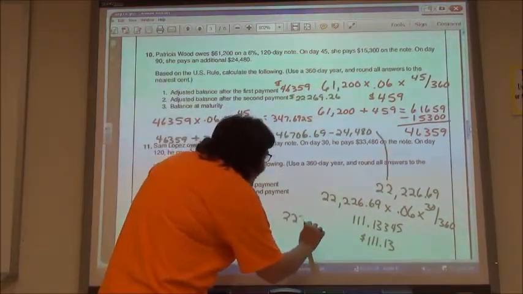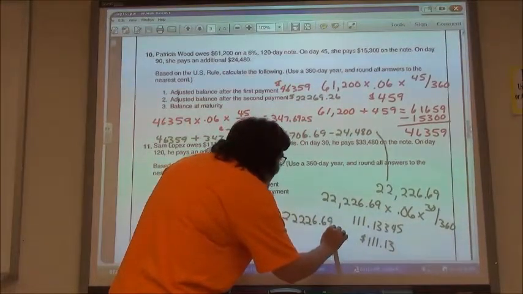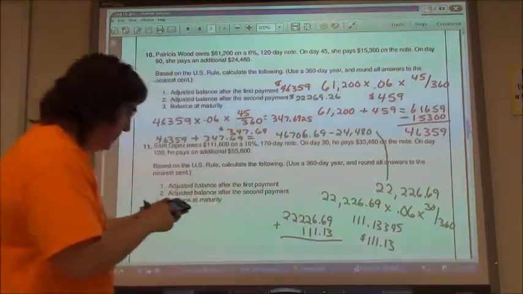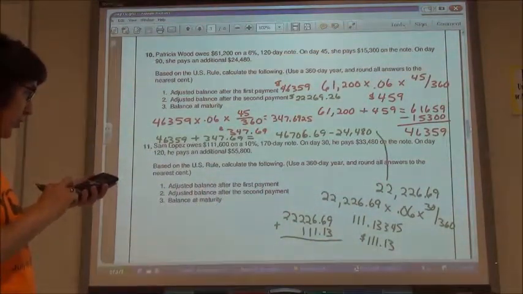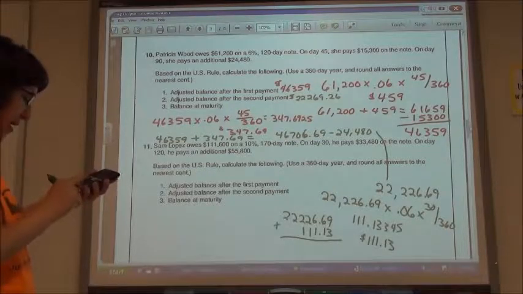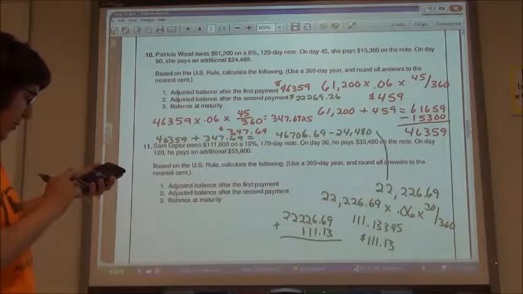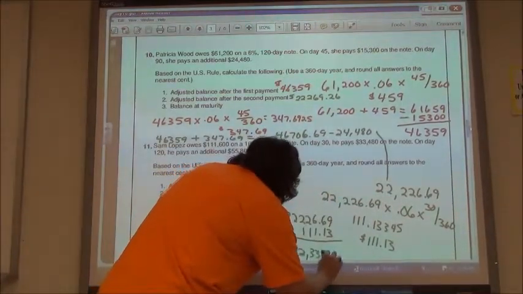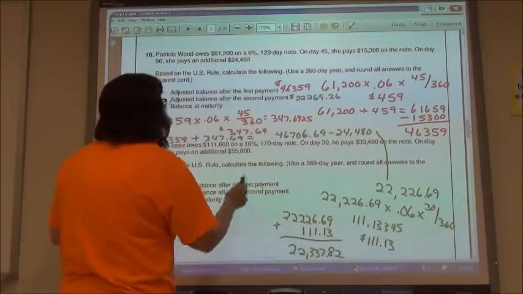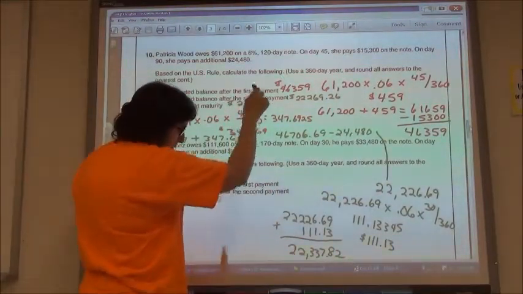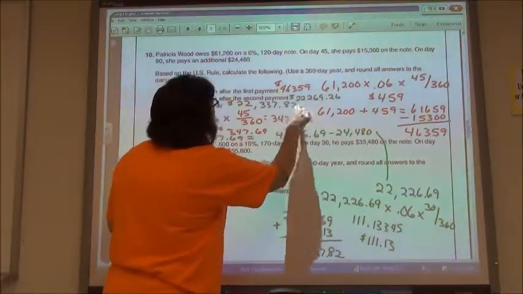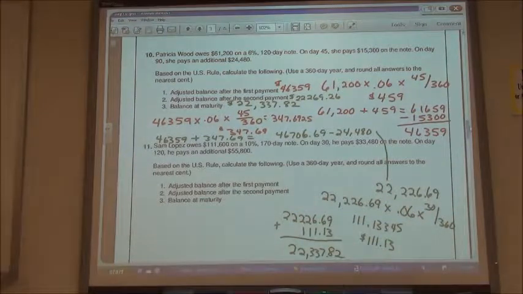So if I take the $22,226.69 and I add my $111.13, I get $22,337.82. $22,337.82 is going to be what my balance at maturity is. So that's the amount of my final payment.